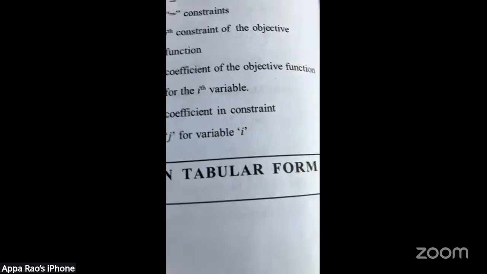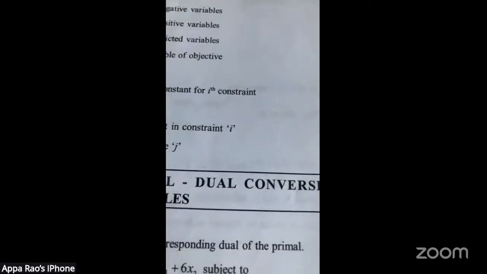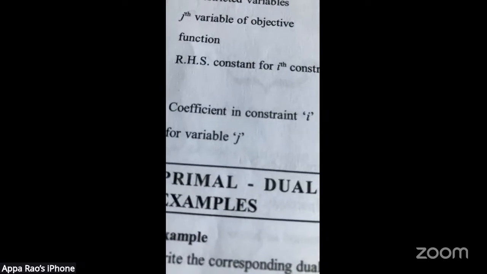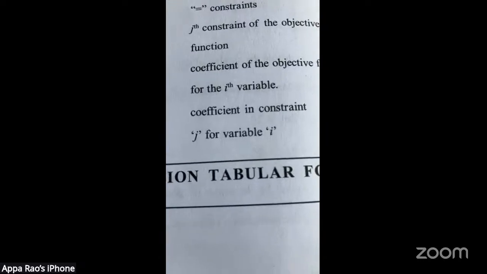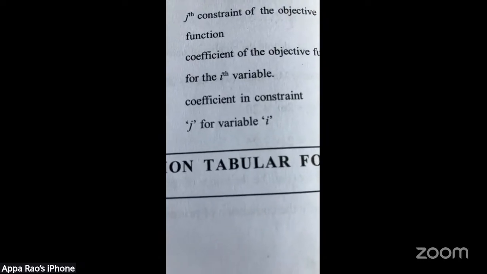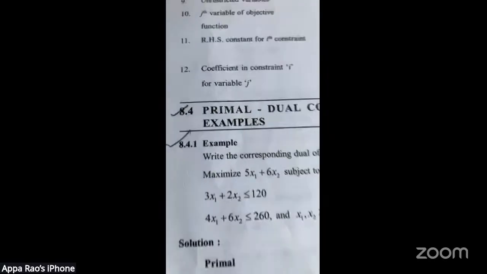That is the coefficient of the objective function for the ith variable. Next, the coefficient in constraint i for variable j equals the coefficient in constraint j for variable i. Okay, so this is important for 5 marks.